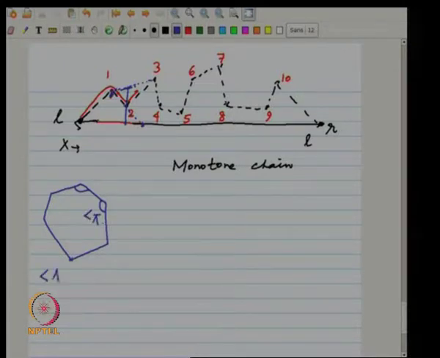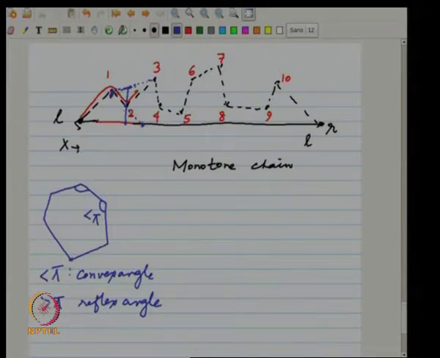Less than pi is a convex angle and greater than pi is called a reflex angle. So, clearly any time we make a left turn, this is going to be a reflex angle and therefore, that cannot be a point on the boundary of the hull. So, there are many reasonings due to which a left turn basically means that we have lost that point.